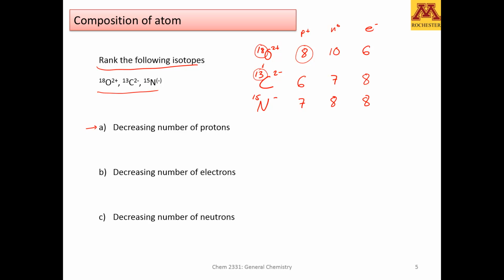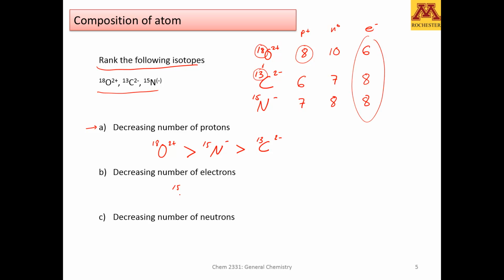Okay. So if we rank these isotopes in decreasing number of protons, the one with the largest number of protons is going to be oxygen. So oxygen 18 will have the largest number of protons, followed by nitrogen 15, followed by carbon 13. In decreasing number of electrons, you can see it here.